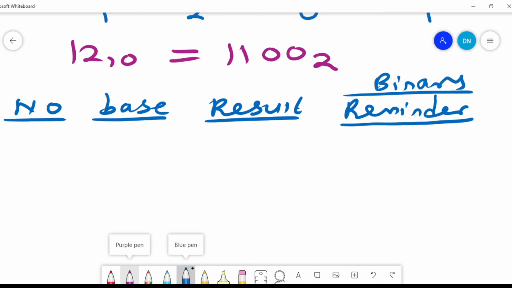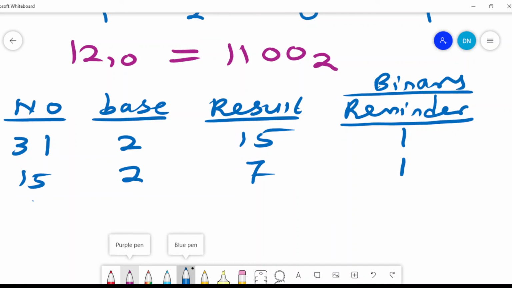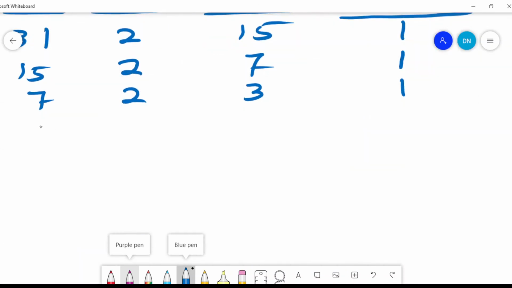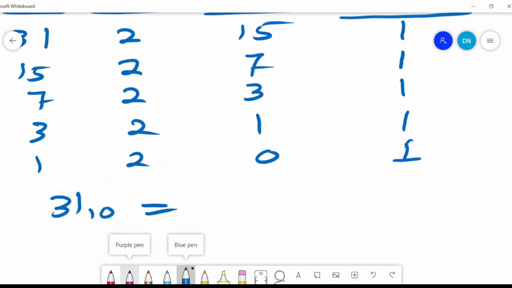So let's think of a number maybe like 31. 31 divided by 2 is 15, remainder 1. 15 divided by 2, which is the base for the binary, is 7, remainder 1. 7 divided by 2 is 3, remainder 1. And 3 divided by 2 is 1, remainder 1. And 1 divided by 2 is 0, remainder 1. Therefore, 31 to base 10 should be equal to 1, 2, 3, 4, 5 ones.